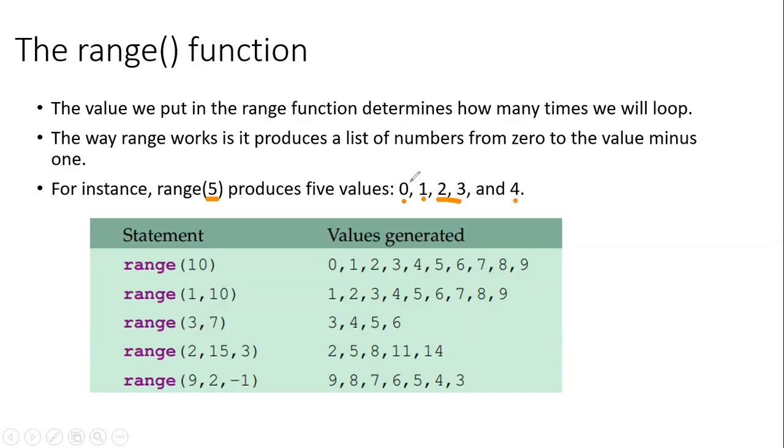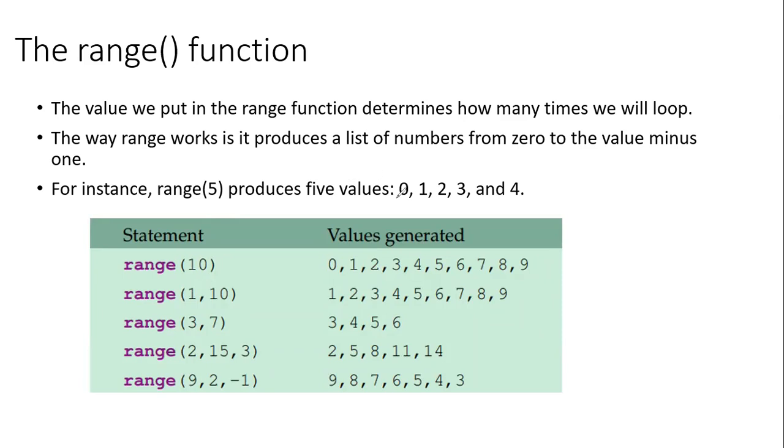Then 0 to 4 means 5 values. If you count it, 1, 2, 3, 4, 5. It produces the 5 values starting from 0. That is why it stops at 4. Therefore, when you write range 5, it produces the values starting from 0 to 4. Therefore, the last value is not 5, the last value is 4.